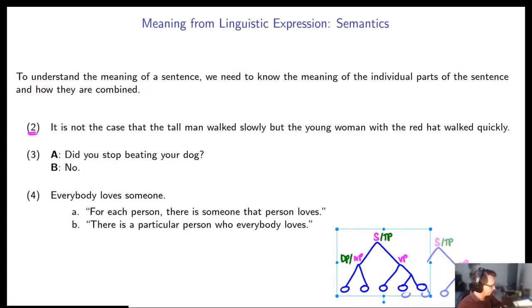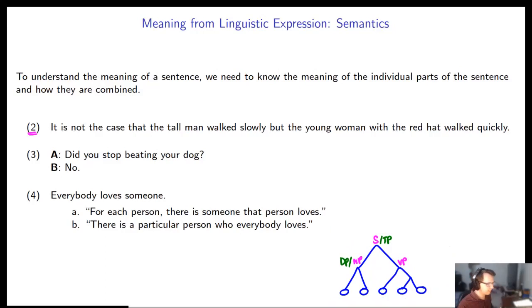Okay, so what does this sentence mean? Well, it's a long sentence, so it sometimes might be difficult to parse and understand, but it's also ambiguous because it has more than one meaning. And that's because of this lovely little phrase, it is not the case that.